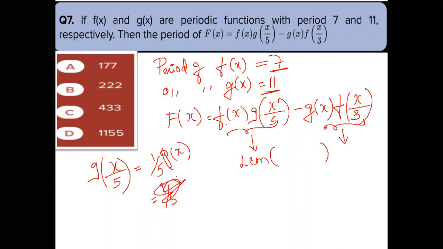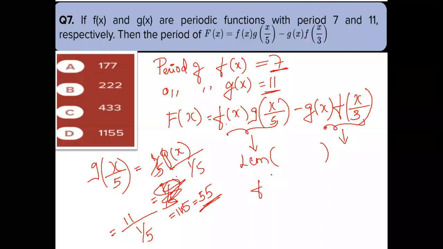It is 11. So the period of g of x by 5 is 11 over 1 by 5, which is 11 into 5, that is 55. We divide the period of g of x, which is 11, by 1 by 5, and we get the period as 55.